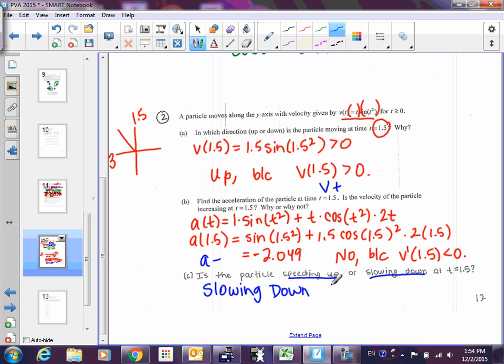So here's how we can say that. Slowing down because v of 1.5 and a of 1.5 have opposite signs. What if they were both negative? What would the answer be then? Speeding up.